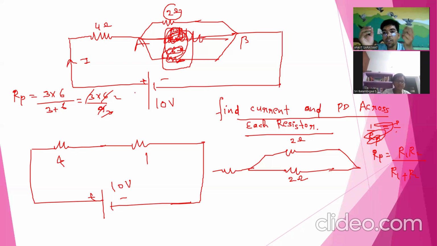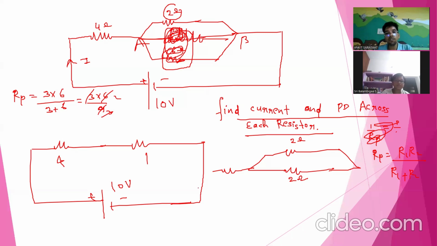After finding the equivalent resistance, in between the same 2 junctions, connect the equivalent, because its effect will be the same as the 2 resistors which are in parallel. It is a resultant, you can say. You have learned resultant force in mechanics, net force. The net of this 3 and 6 will be 2 ohm. Then why are you bothered? Why are you thinking regarding 3 and 6? Connect 2 ohm directly.